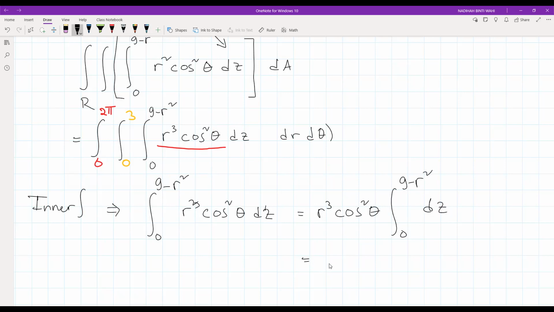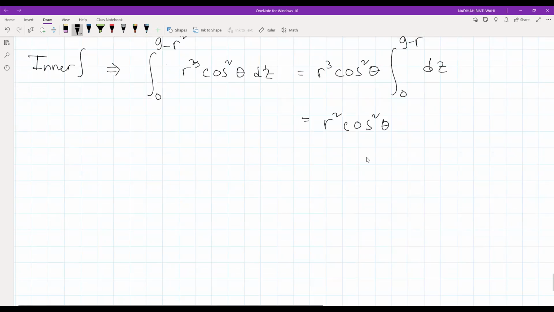So this is r cubed cosine squared theta multiplied by Z from 0 to 9 minus r squared. The lower limit is 0, so we'll be left with 9 minus r squared.